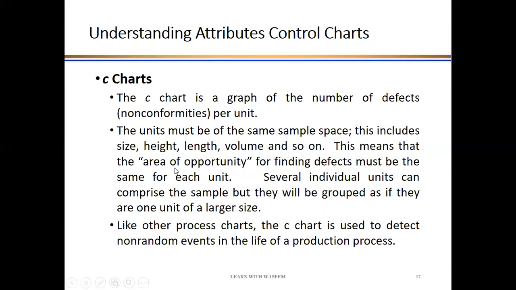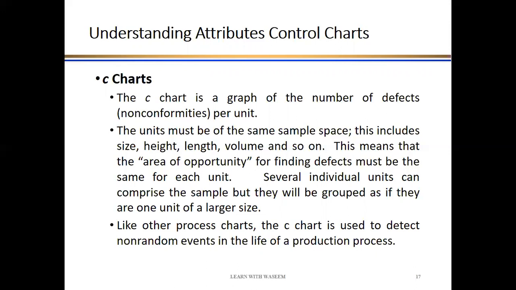Now let's discuss the C chart. The C chart is a graph of the number of defects per unit. The unit must be the same metric size, such as size, height, length, volume, and so on.